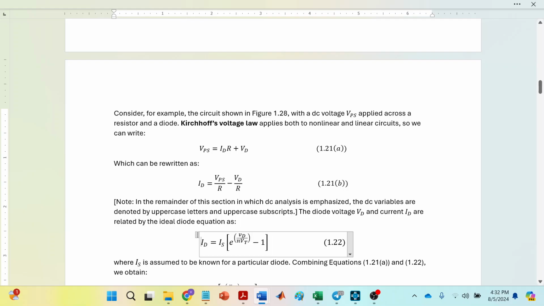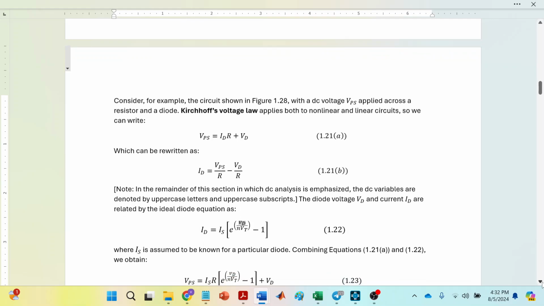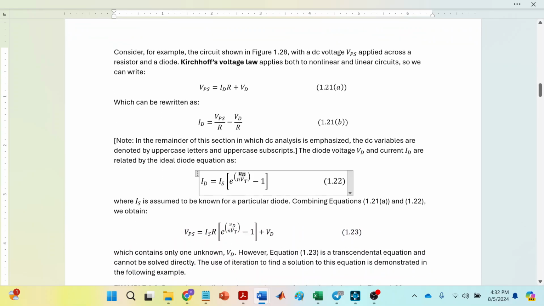So when we substitute this equation for ID and put it inside this equation, we arrive at this equation 1.23, and this equation 1.23 contains only one unknown, which is VD.